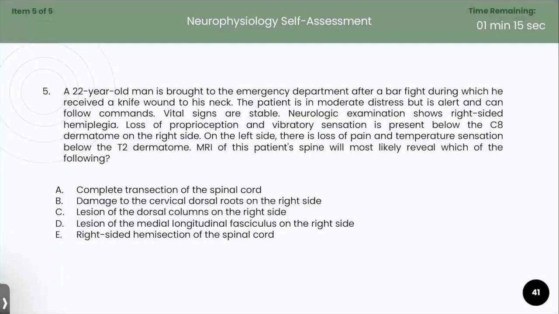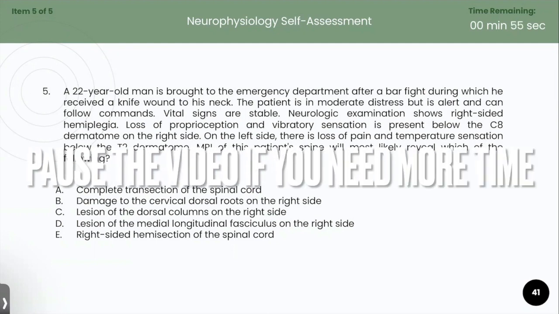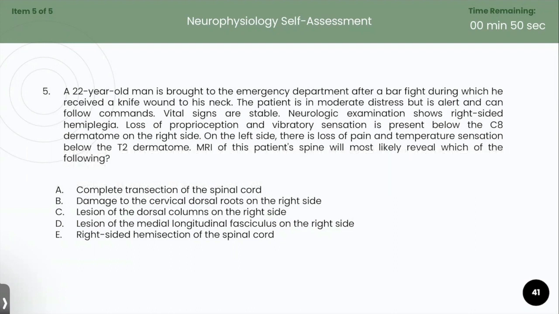All right, moving into the last question, number 5. This has to be my favorite question.